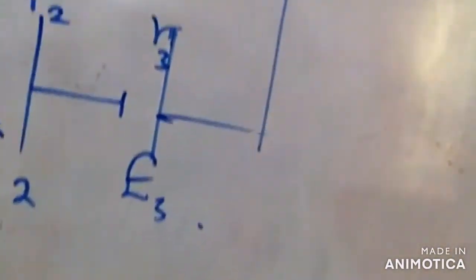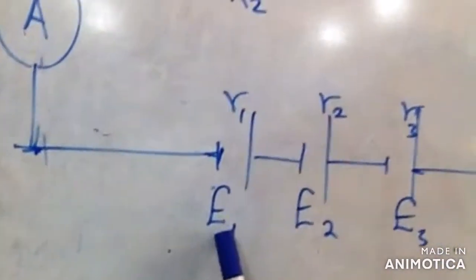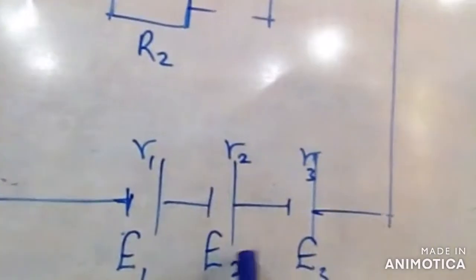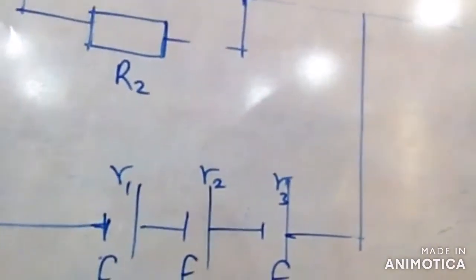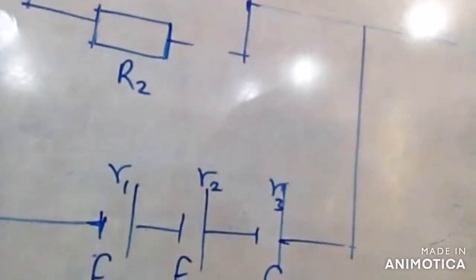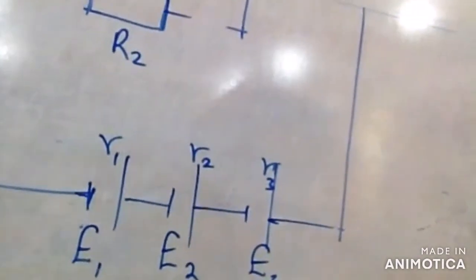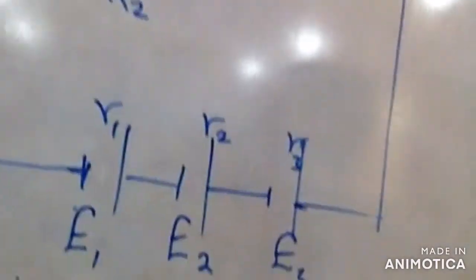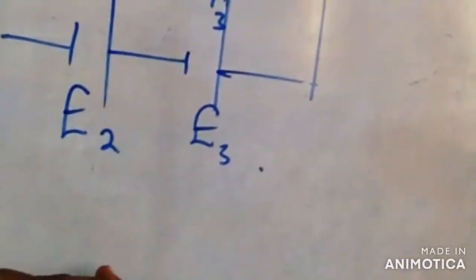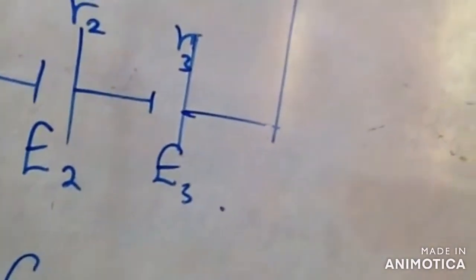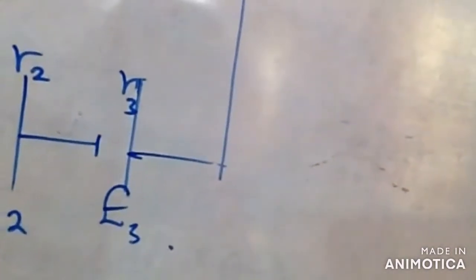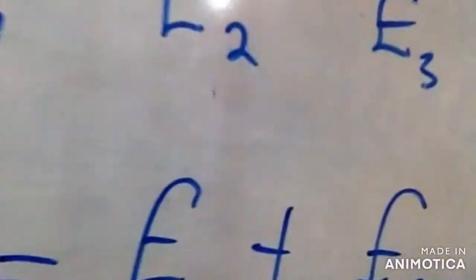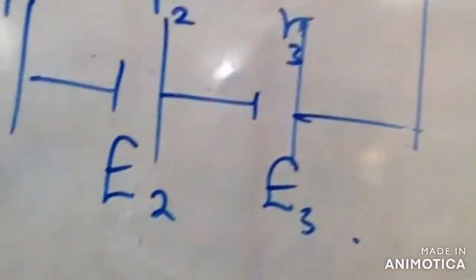In this case now, you have E1. I hope you can see carefully from there. You have E1, you have E2, you have E3. So these cells are connected in series. Okay, this is series connection. So for us to find what we call the total EMF, we simply get the algebraic sum of the electromotive force of cell 1 added to that of cell 2, added to that of cell 3.